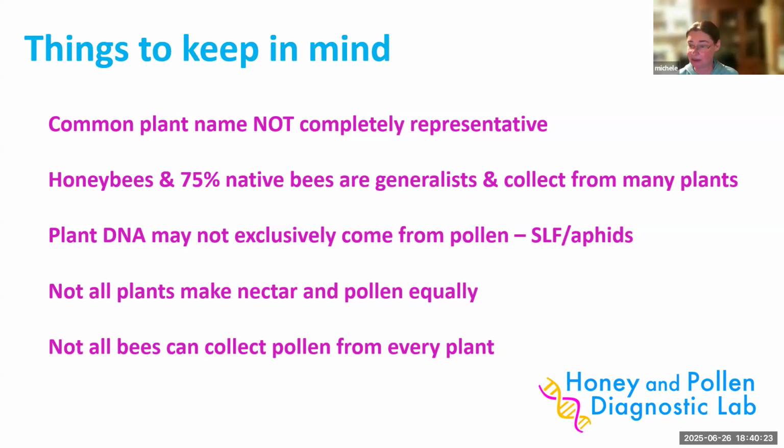It doesn't mean that they can't pick up the nectar, but if they're not collecting the pollen, it might be really difficult for me to identify whether or not they visited that plant. Two really good examples of this are Monarda, also known as bee balm. Bee balm is buzz pollinated. Honeybees don't buzz or vibrate at the frequency necessary for that pollen to naturally be released.